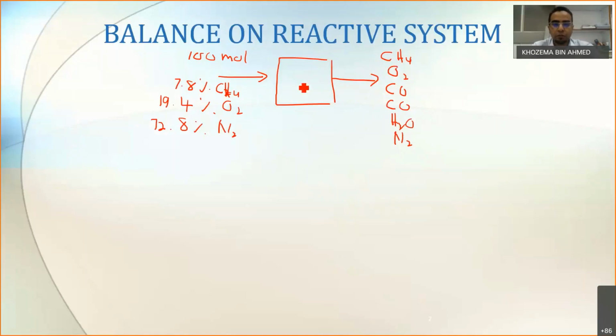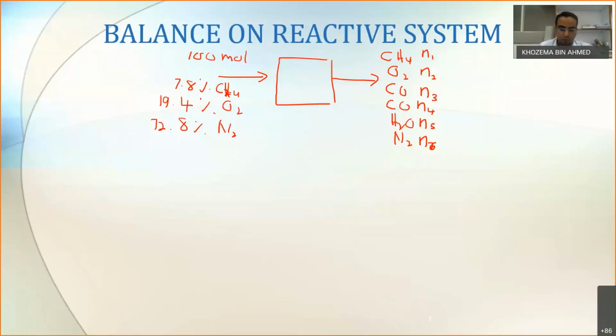Since we don't know any other information, we can label them N1, N2, N3, N4, N5, and N6. So we have 6 unknowns. Since we have two equations, we'll be using atomic species balance to solve our problem.